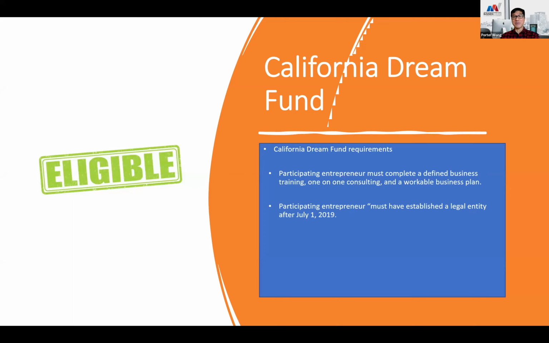Then you can only apply once. Let's say you own three businesses, you cannot apply three times. You need to pick one business to apply. And then the small business or entrepreneur needs to meet the definition of a new business start. We're going to get into the definition a bit later.